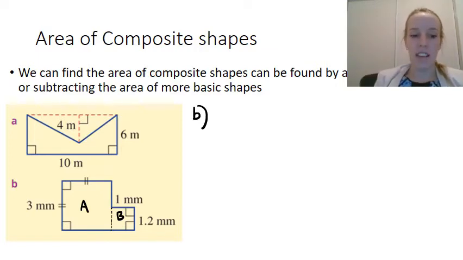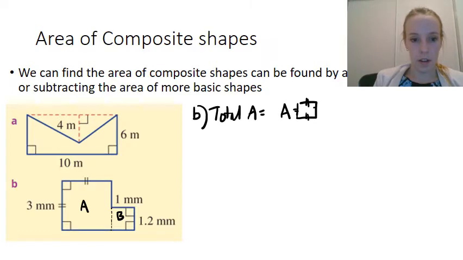You could divide this up multiple ways, but this to me is the easiest. So the total area equals the area of A, which is a square, plus the area of B, which is a rectangle.